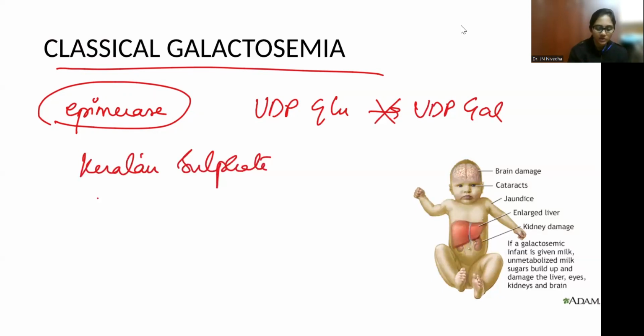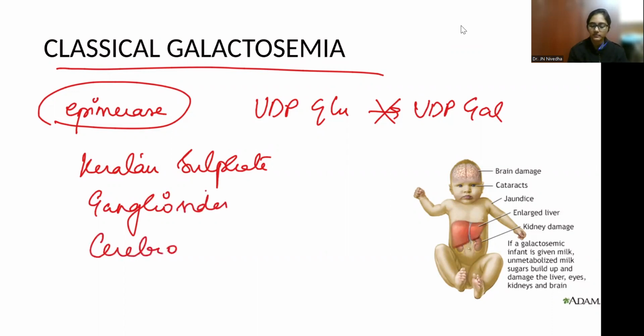Also your gangliosides or cerebrosides. These things need galactose, which will be incorporated in these compounds. So if gangliosides and cerebrosides are reduced, what can happen?